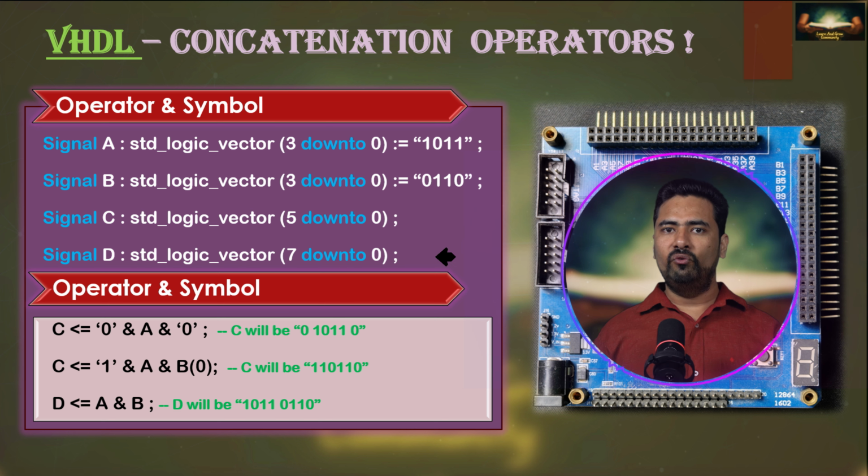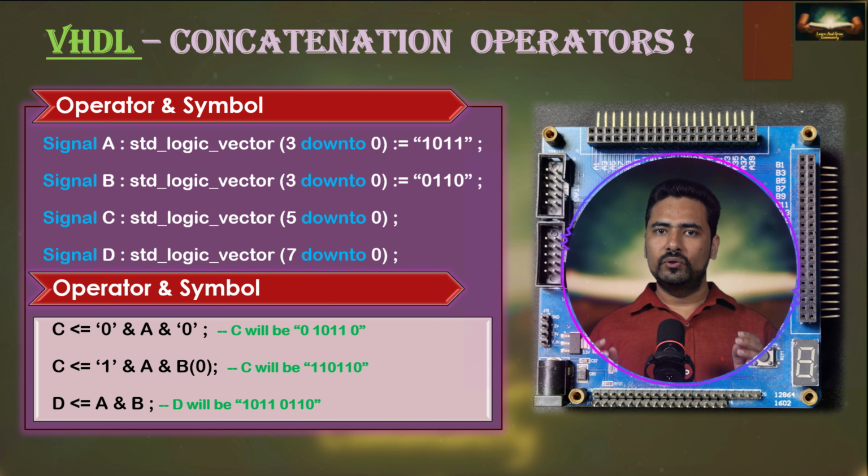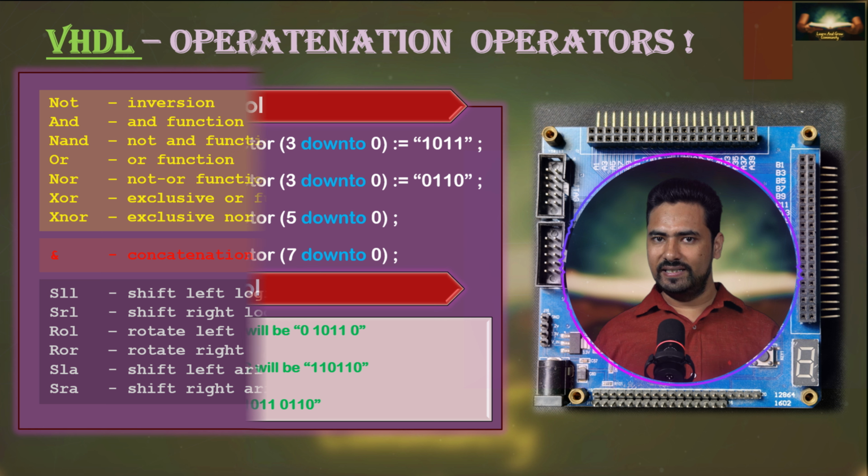So you can see that we declared signal D as 7 downto 0, and this is 8 bits in length. So we first added signal A data, which is 1011, and then it is merged with signal B data, which is 0110. So the output will be 10110110. This value will be assigned to signal D.